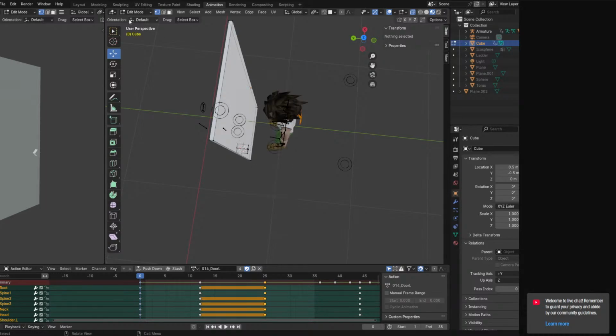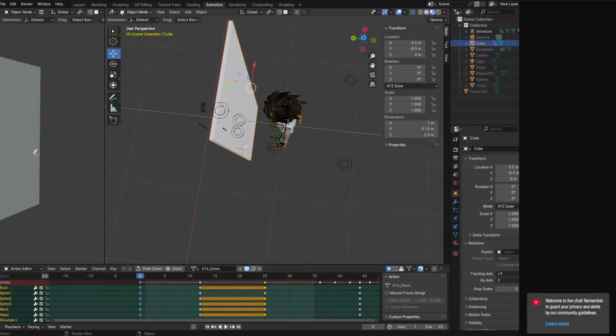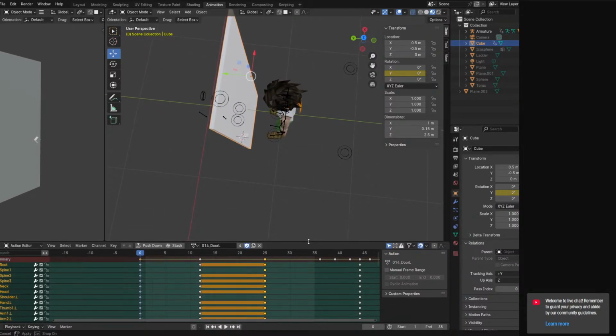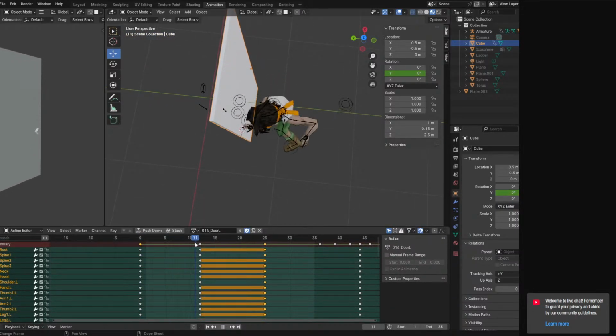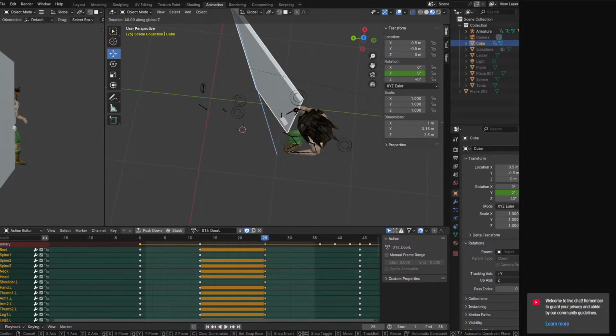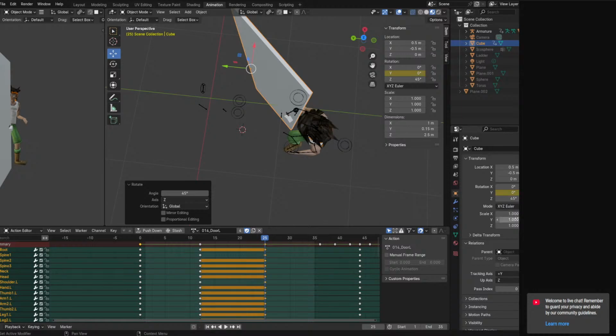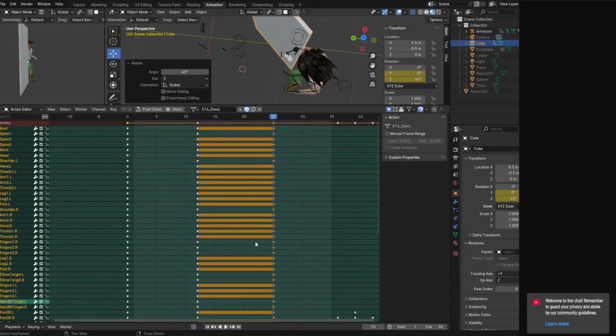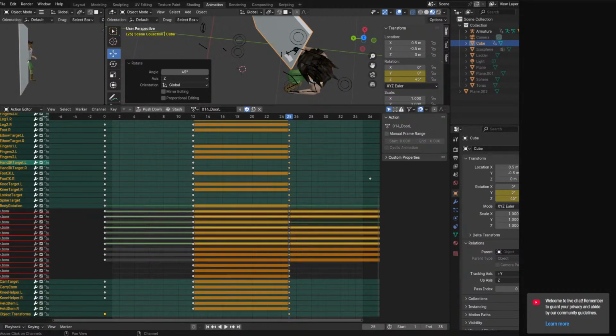Can I add this to the animation? Actually, I don't think I can. Uh-oh. Oh, animate property. Okay. I gotcha. Oh, looks like I put a keyframe on the wrong thing.